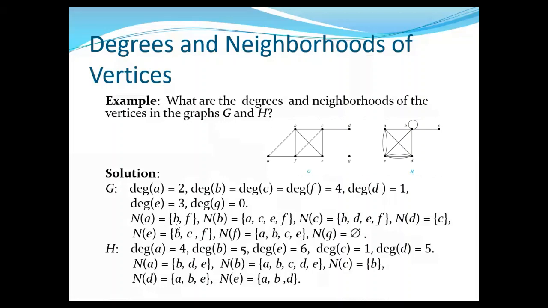B and F, so you just write them as a set. How about B? It is connected to A, C, E, F. And for G, null, since it is not connected to any. So that covers degrees of vertices, neighborhoods, and neighbors or adjacent vertices.